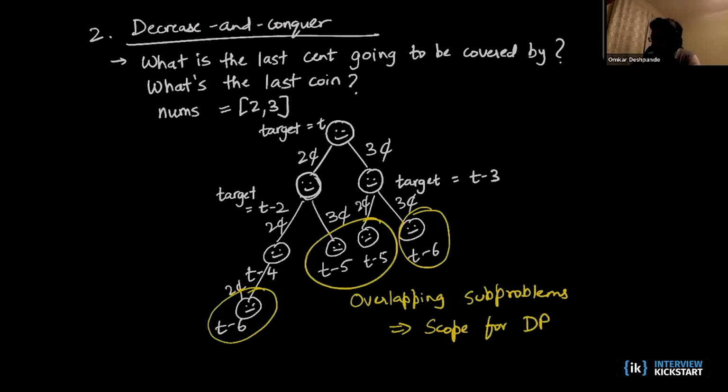So how do we do dynamic programming here? Well, we first have to take this corporate hierarchy and eliminate redundancy by merging together nodes that correspond to the same subproblem, so that each subproblem appears only once in this tree, which will convert this tree into some kind of DAG, right?